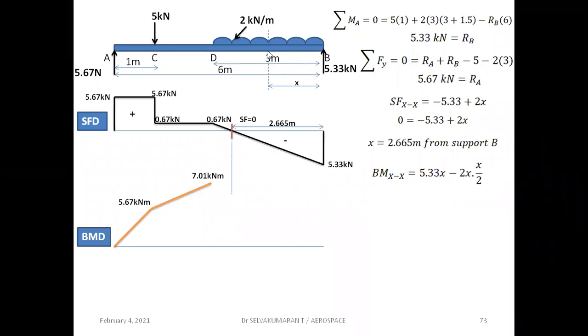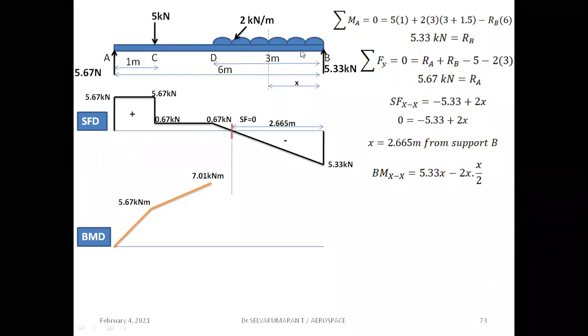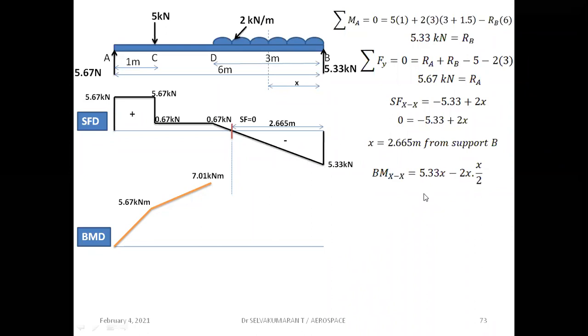So 2 into x, Newton per meter into meter, which becomes Newton. So 2 into x becomes the point load, which is acting at a distance of x by 2. So 2 into x by 2, so x by 2. So this is the bending moment expression about the section XX.